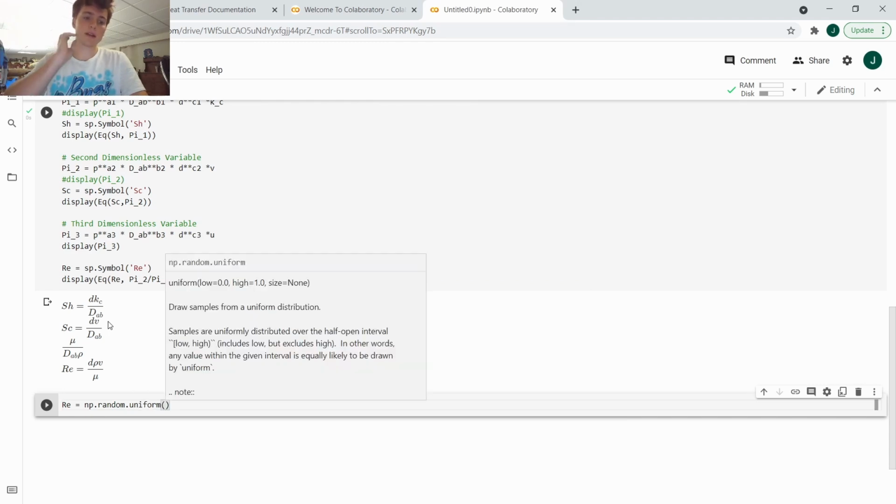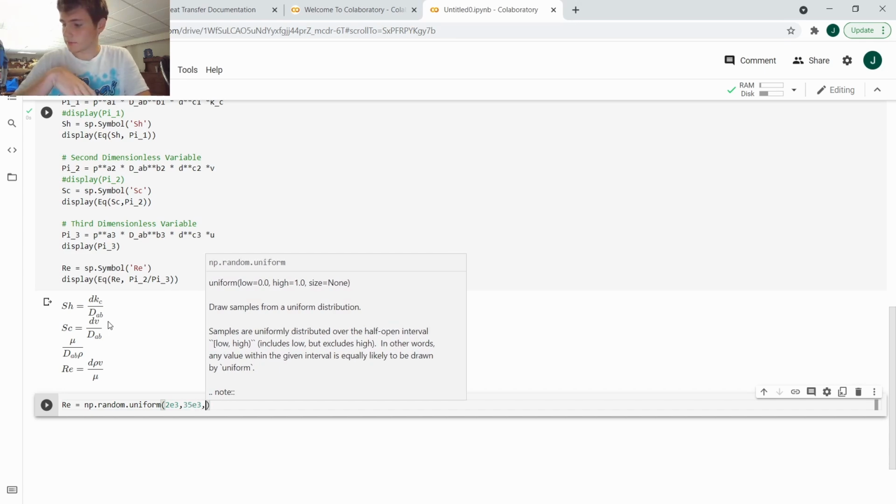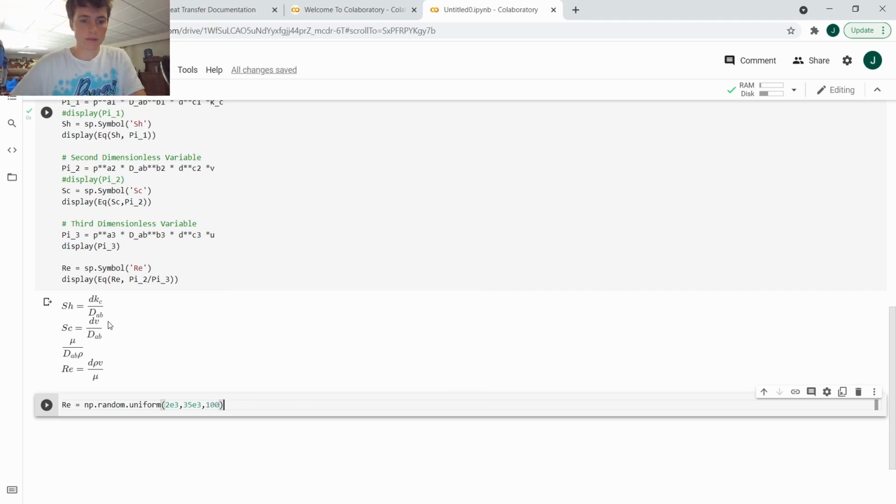So it's just going to pick random values between, what was our range for the Reynolds number, 2,000 to 35,000. And we want 100 points. We're going to run this experiment 100 times.